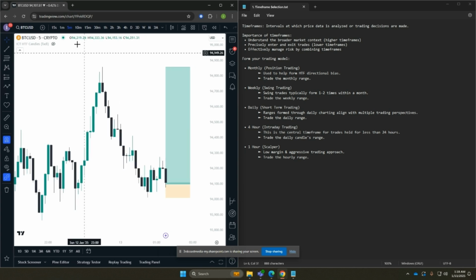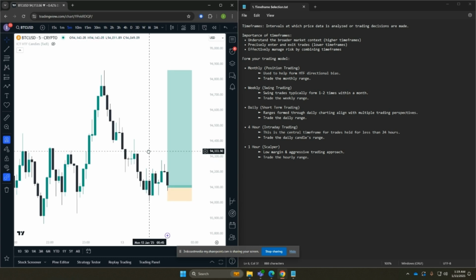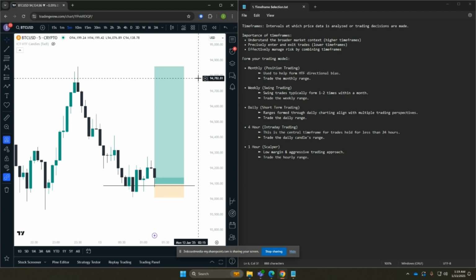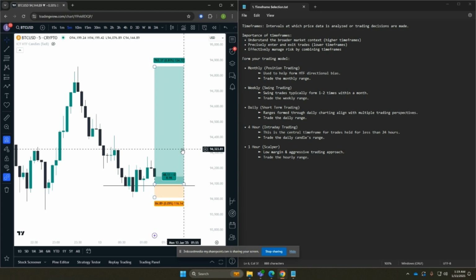But you can see how going down to the lower time frames gives you a little bit more precision if you can pinpoint exactly where price is going to hit. That's the trick. That's the magic. But that's how we effectively manage risk using the right time frames. And we'll go more into detail about how to select the right time frames in a bit.